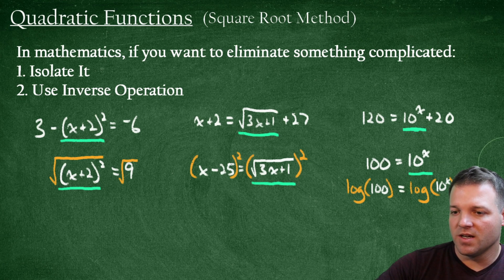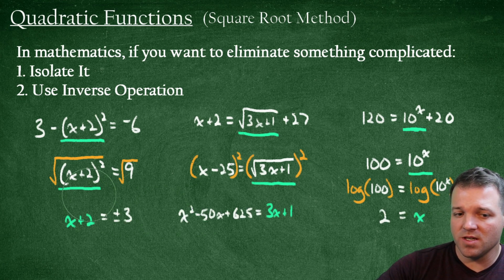So anyways, now after we do that, you will see that in green here, we have basically popped out what was stuck inside of that nasty operation. In here, this x plus 2 was stuck inside of this squared. Well, you can see that when I took the square root of that, the x plus 2 pops out. Over here, when I had the square root of 3x plus 1, the 3x plus 1 pops out.